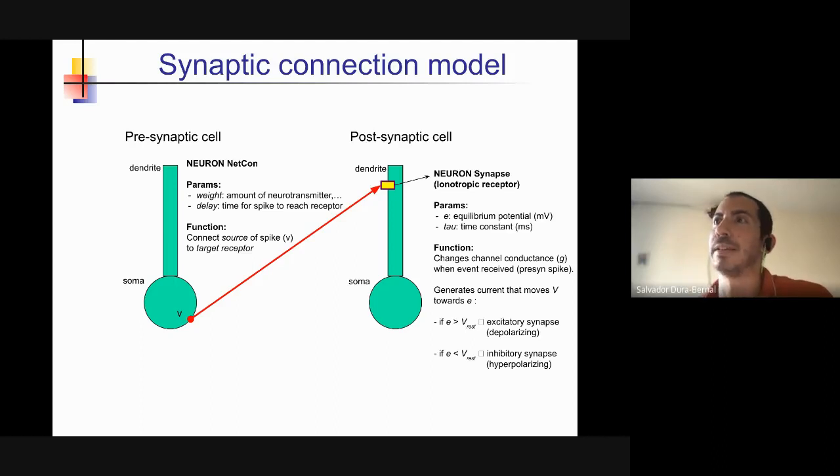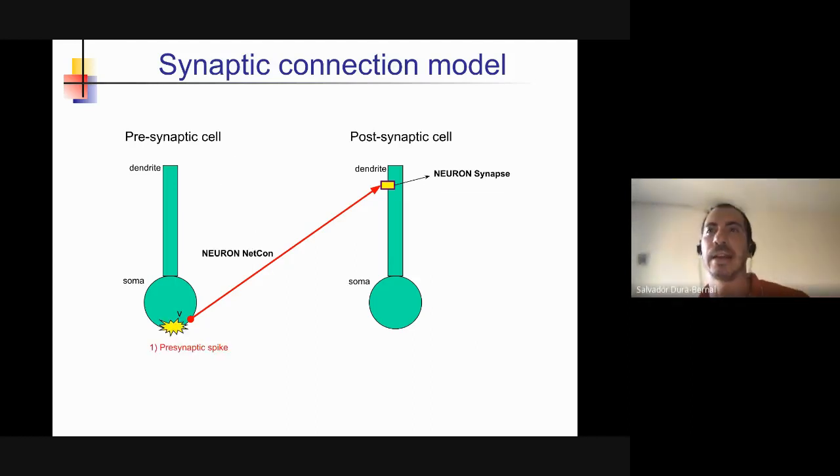A synapse, as we know, is really just a special type of channel that has its conductance modulated by whether you have received these events or not. So when the spike is received by the postsynaptic cell, it increases the conductance of this channel, ions flow in, and you get these postsynaptic potentials, which can be excitatory or inhibitory.